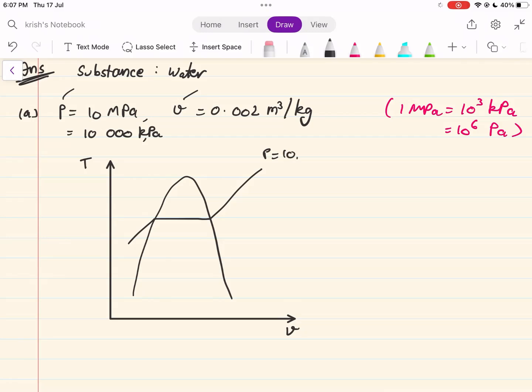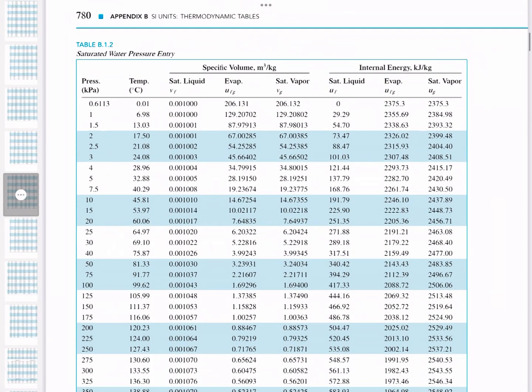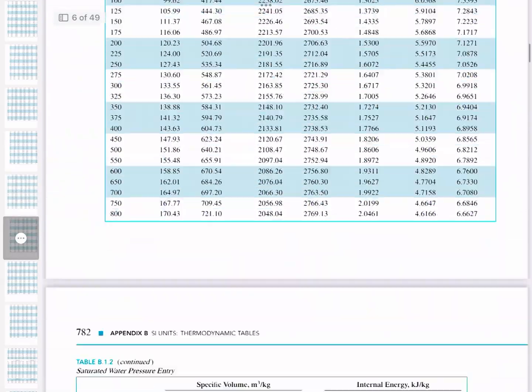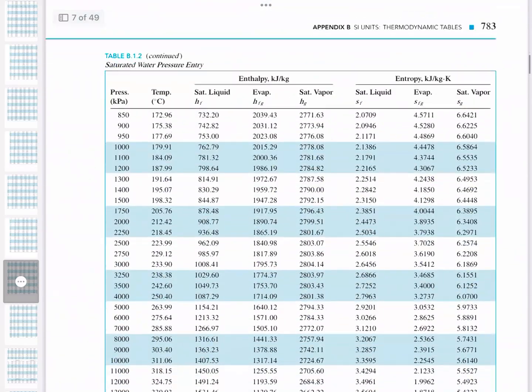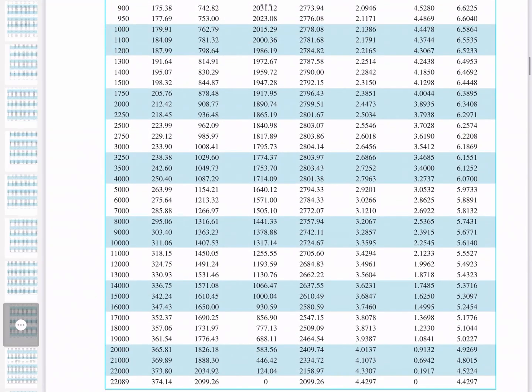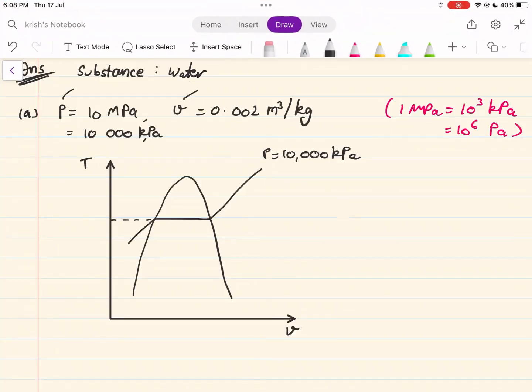Sorry, not T, P. And let us see what the saturation temperature is. Note that this is not required, but it is always helpful to find it out and write it down for later. So at 10,000 kilopascals, if we refer to table B.1.2 and we scroll down at 10,000 kilopascals, our saturation temperature is 311.06 degrees Celsius.